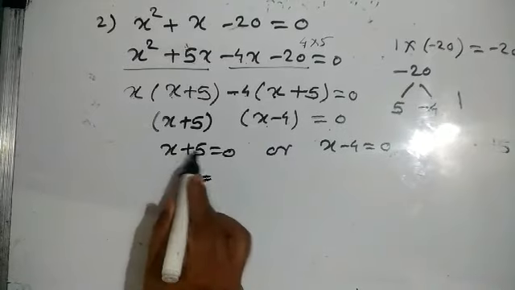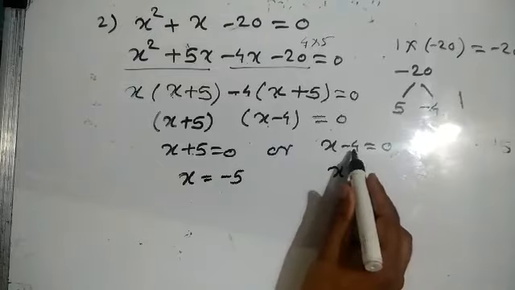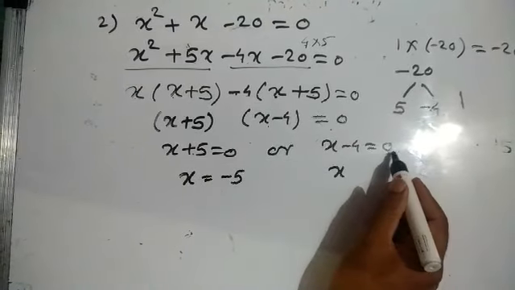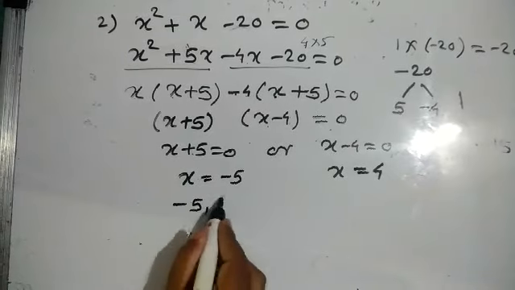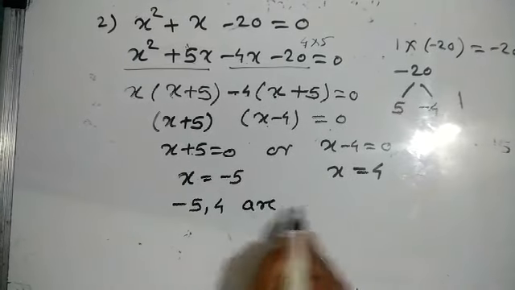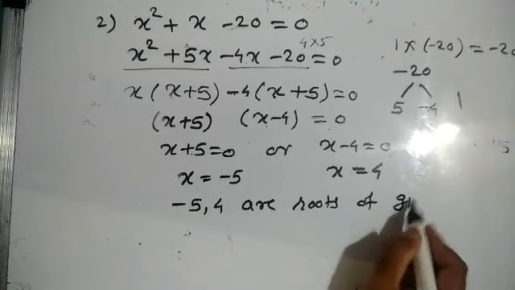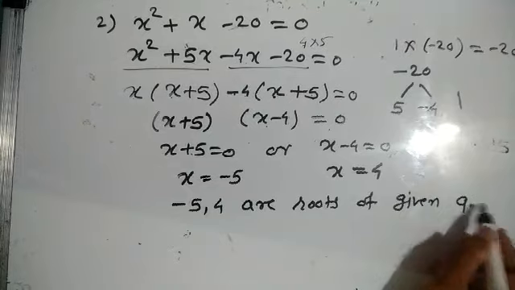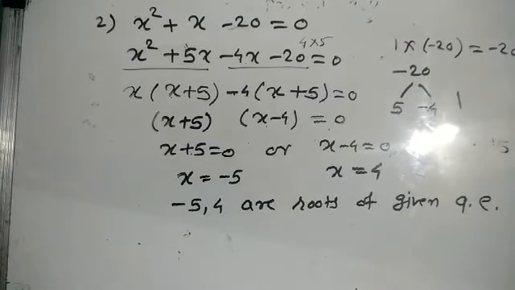Therefore x is equal to minus 5, taking plus 5 to the right hand side. Minus 4, when we write to the right hand side, becomes plus 4. Therefore minus 5 and 4 are roots of the given quadratic equation. This is the solution of the second problem. Then third.